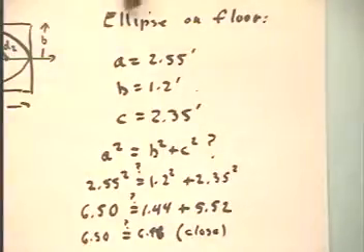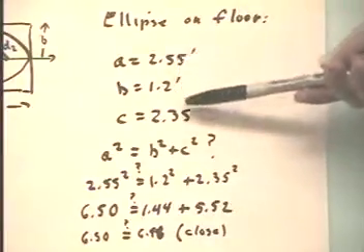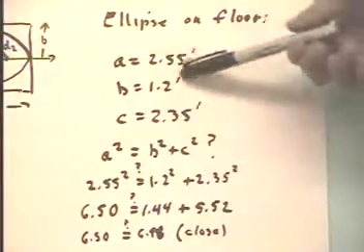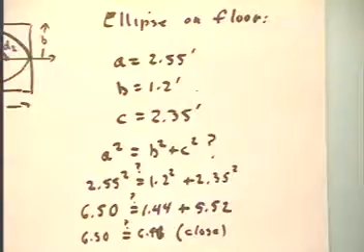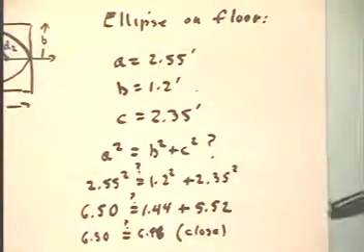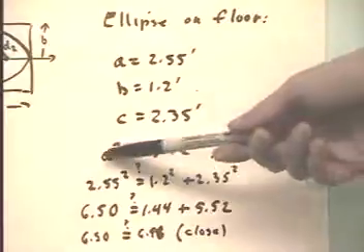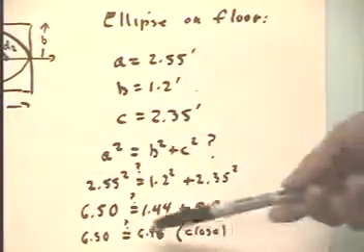We don't have time. The ellipse on the floor was determined to have these dimensions. Now, we did these in feet by estimating, because the tiles on the floor are 1 foot squares. So that's why we have feet here, not meters or some more sensible unit of measurement. Checking out to see whether a squared equals b squared plus c squared.